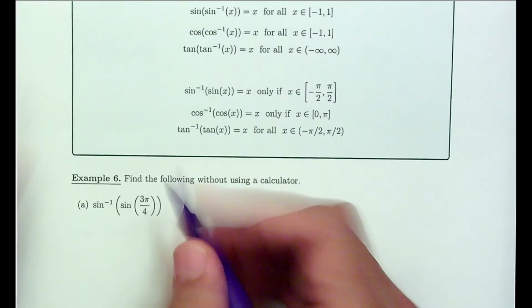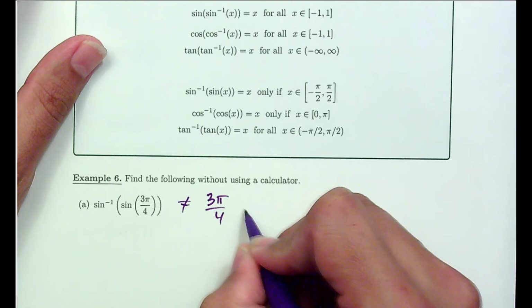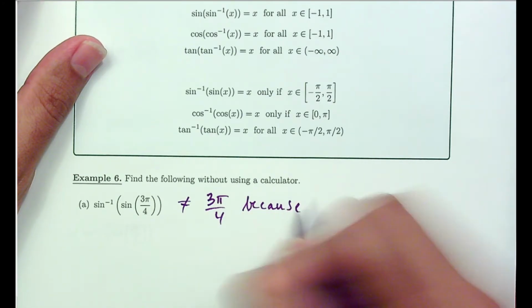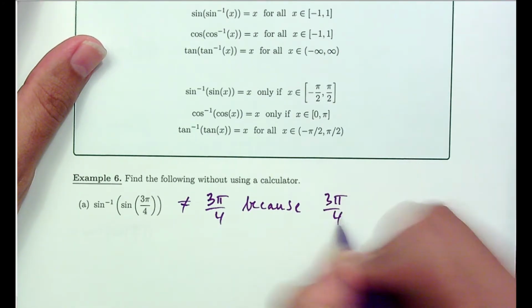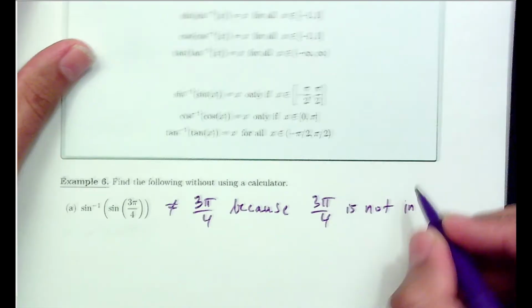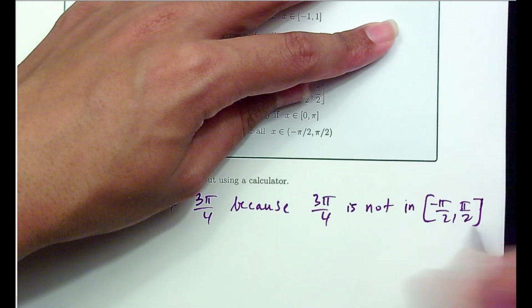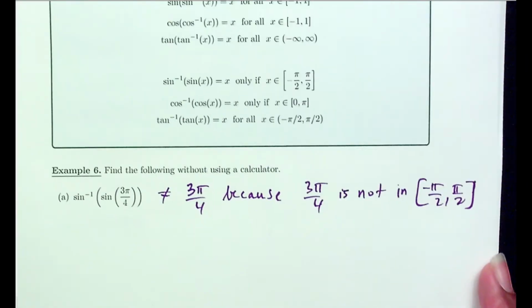This is not going to be 3 pi over 4 because 3 pi over 4 is not in negative pi over 2 and pi over 2. So it is impossible to recover it.